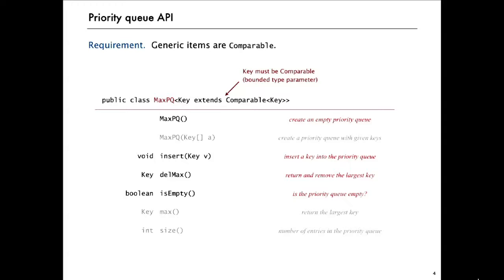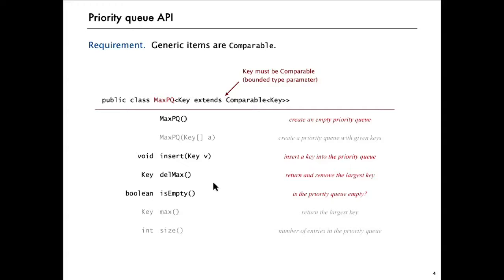Otherwise, we have a constructor, and actually for some applications it's convenient to have a constructor that takes an array of keys as argument. Then an insert, that's put something in, like push in a stack or enqueue in a queue. Then delete the maximum. I refer to delete the minimum just to avoid confusion.